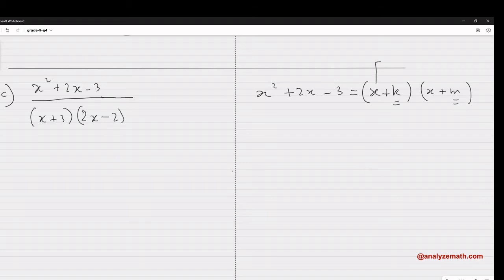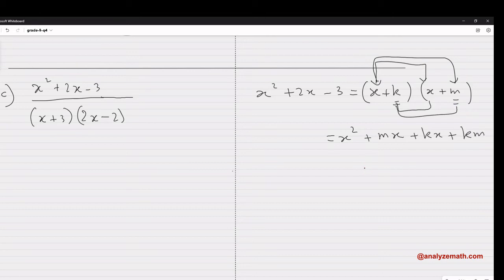If we multiply x by x, that gives me my x², which is here. If I multiply x by m, that gives me mx. And then when I multiply the other, that gives me kx. And then that gives me km. Now mx, kx. Let's put x as a factor and we are left with m plus k.